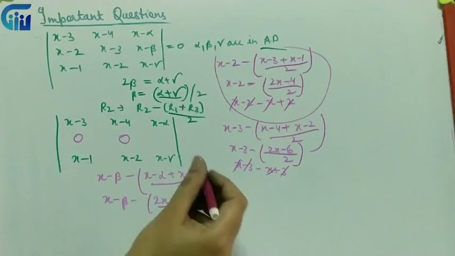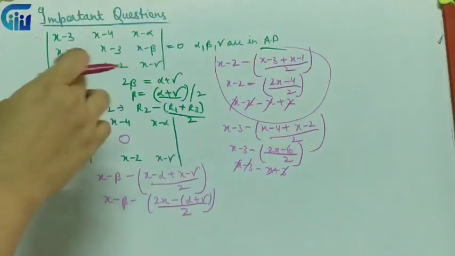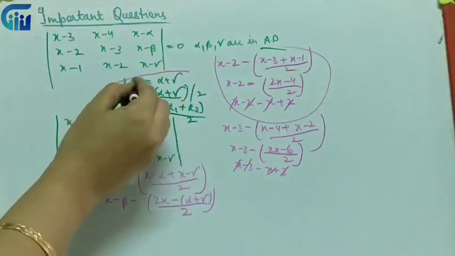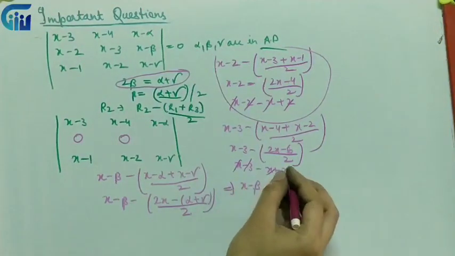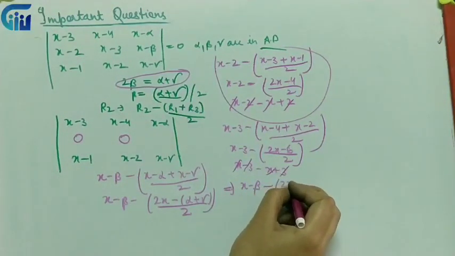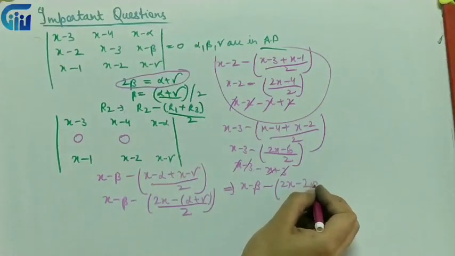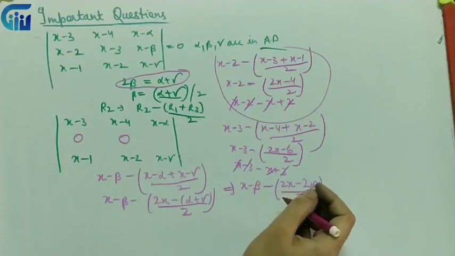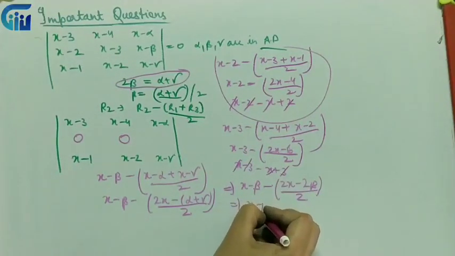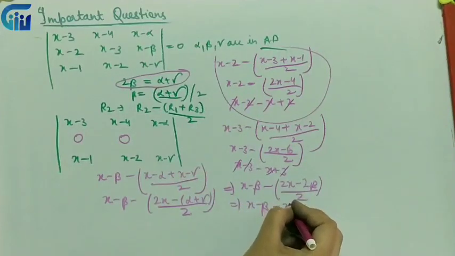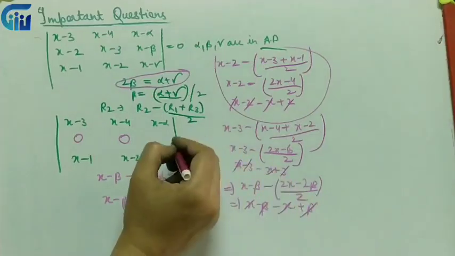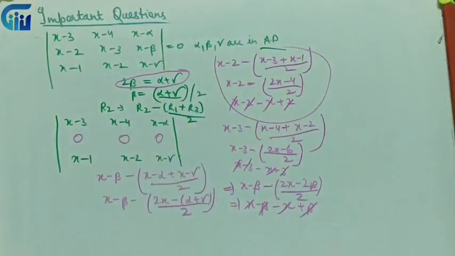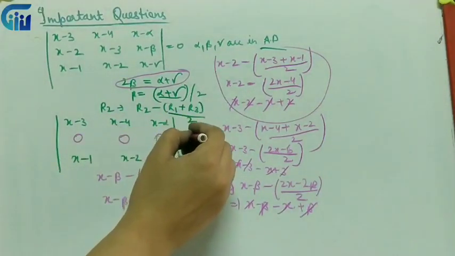In place of alpha plus gamma I can write 2 beta from here. So this will give me x minus beta minus (2x minus 2 beta) upon 2. Now I can cancel 2: x minus beta minus x plus beta. See the result. Again it is 0.